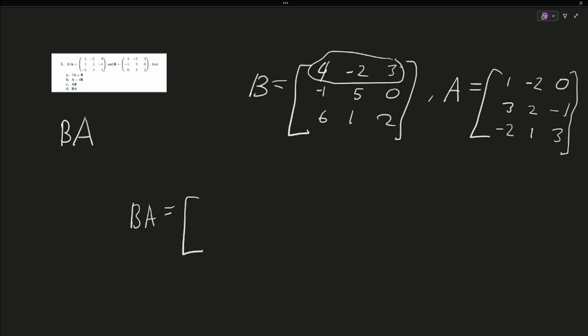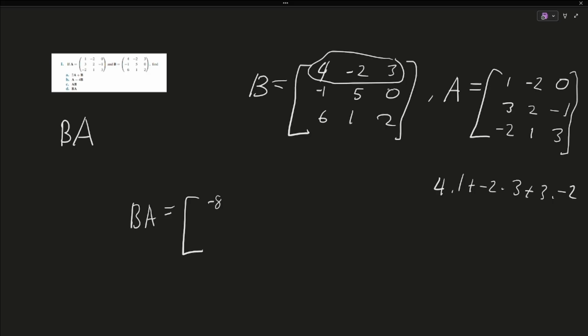So we're going to take the row and multiply row by column, 1 by 1. So we're going to have 4 times 1 plus -2 times 3 plus 3 times -2, and this will be 4 plus -12, -8.